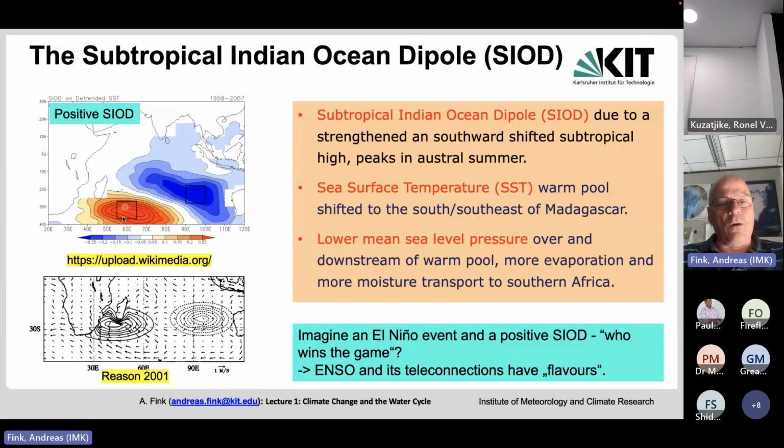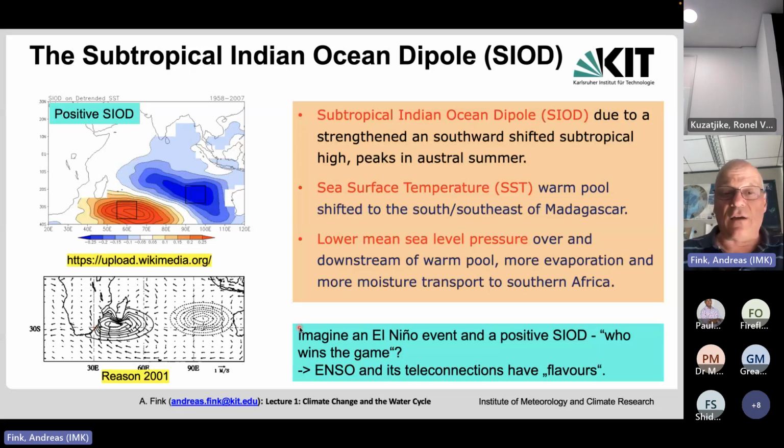So when we have warm waters here, that's shown here, an idealized experiment by Chris Reason, that enhances a low pressure system in that part. And that brings in more moisture to the eastern part of South Africa. So keep in mind, a positive SIOD brings more rain to large parts of Southern Africa.